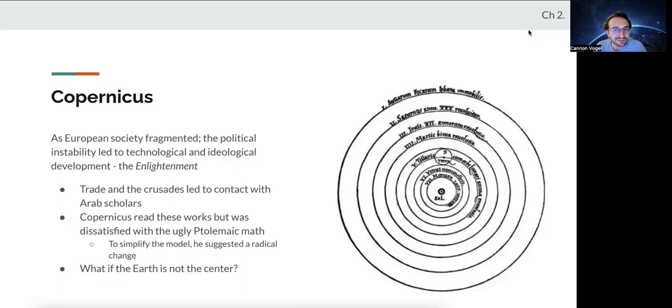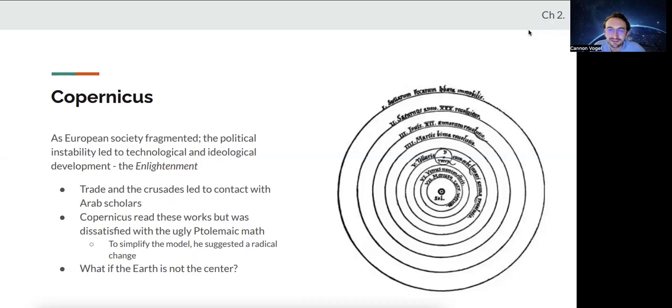This was a really radical proposition. It had been a long time since ancient Greece where people freely argued about this. So most of the world at that time thought that Earth was the center of the solar system. So Copernicus really provided a lot of evidence and framework that this was not the case.